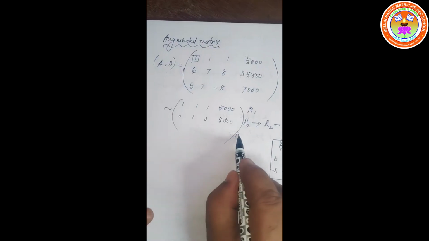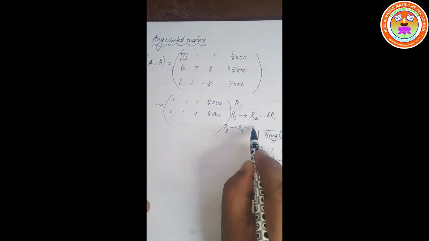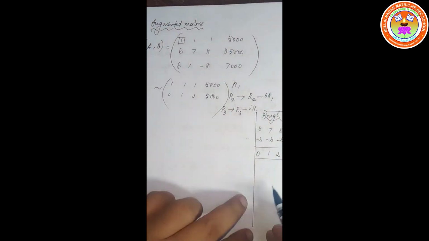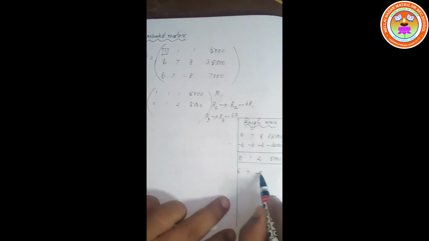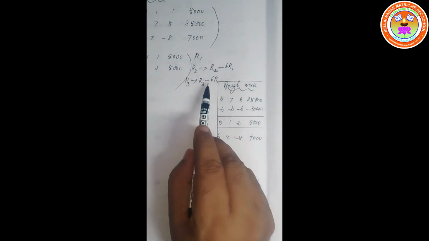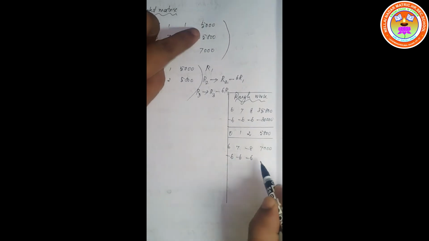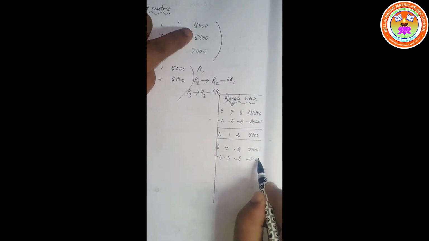So R3 implies R3 minus once again 6 R1. What is R3? 6, 7 minus 8, 7,000. Multiply R1 by minus 6: again minus 6, minus 6, minus 6, minus 30,000.